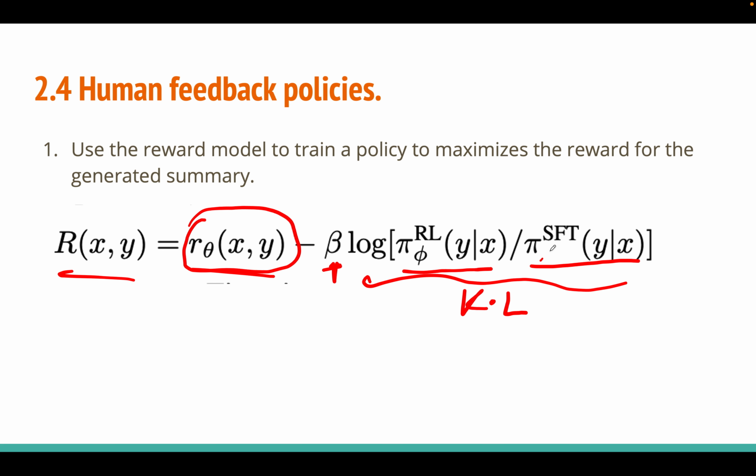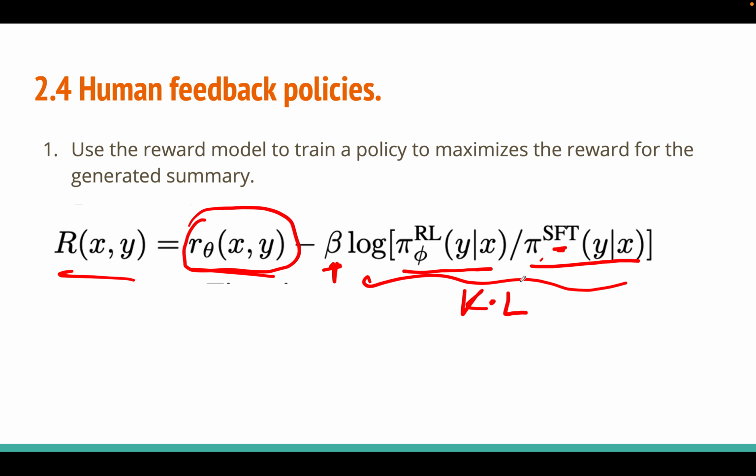But if you completely update the weights into a different distribution, then it's not a good thing. So that's why we have this penalty term here, the KL term, which says don't go too far from the original supervised fine-tuned model.